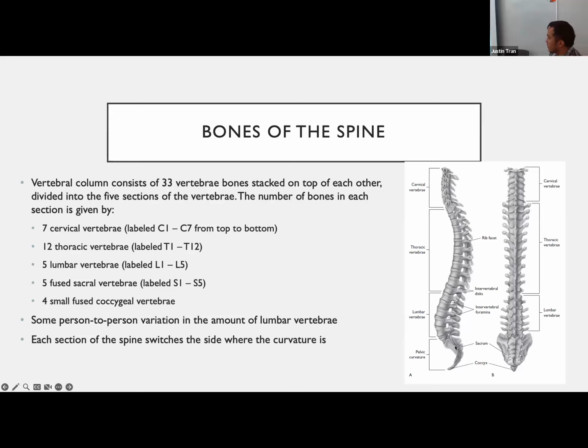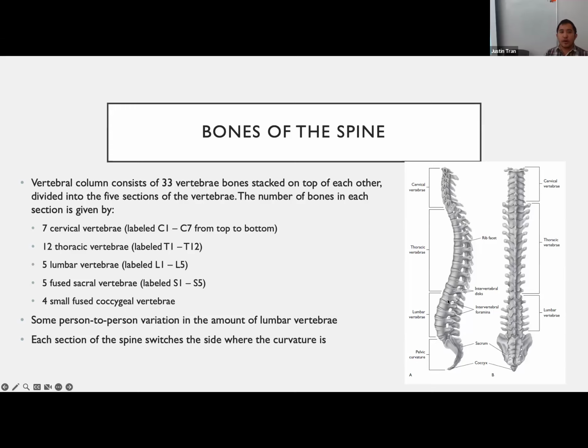They're originally separate bones, but as you grow and mature, they all fuse together. Very similar to how your skull works, if you remember that. Okay. And then at the very end, you have your tailbone, which is the coccyx bone right at the bottom there. And it's the same kind of thing. So even though there are technically four separate bones there, they all fuse together into one. Okay. So there's not really a lot of movement down here.